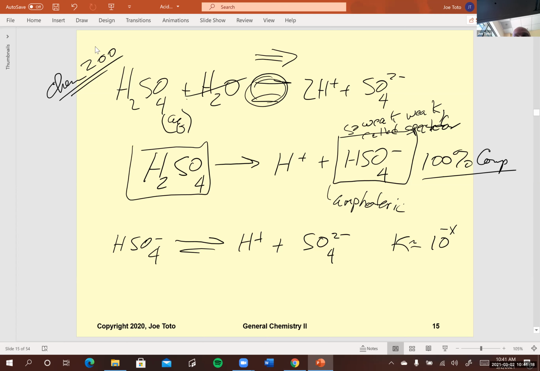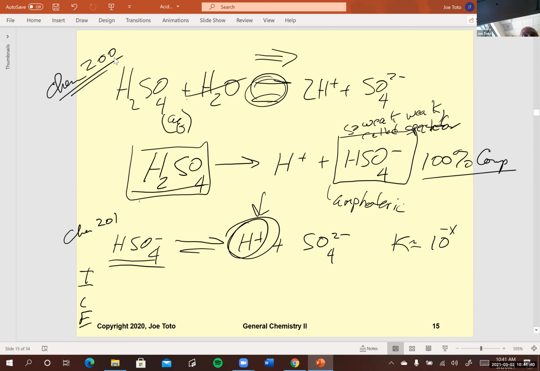Okay. So this is where Chem 201 ICE tables are going to come in handy for solving how much proton you'd expect from any dissociation of this amphoteric conjugate base to produce more acid. You're going to need to know something about the K.